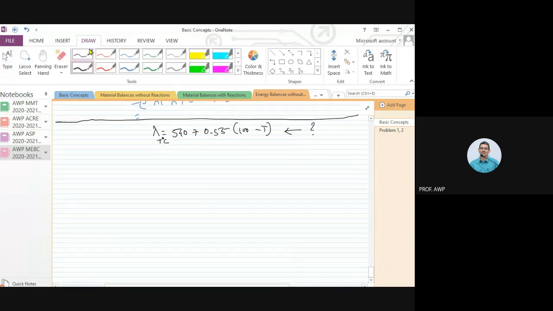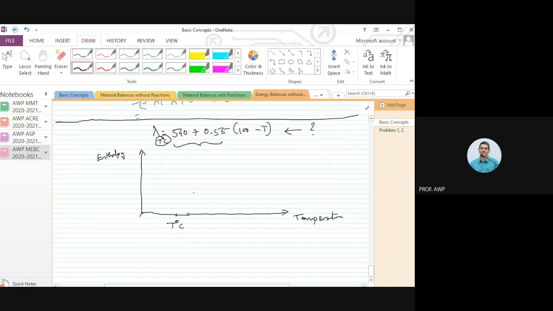Okay. So let's try looking at this formula. Where does this come from? Again, if you construct an enthalpy versus temperature kind of curve, let's say we want to find out latent heat at T degrees centigrade, right? So suppose this is T degrees centigrade. Okay, so this is temperature.